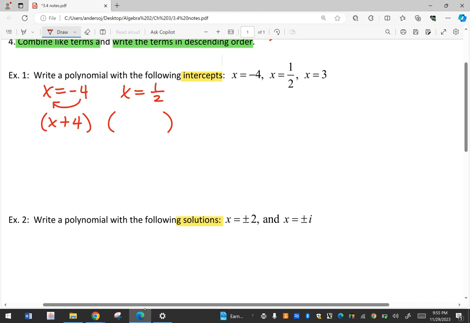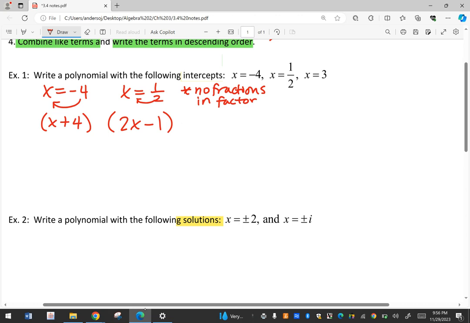When you think about this, it makes more sense to go ahead and bring the 2 over first and then subtract that 1. So something like this, if I solved that, would give me the solution of 1/2. Again, I don't want it to include a fraction there. I want it to be something that if I solved it, it would give me the fraction. So I'm going to make a note of that. No fractions in the factor.